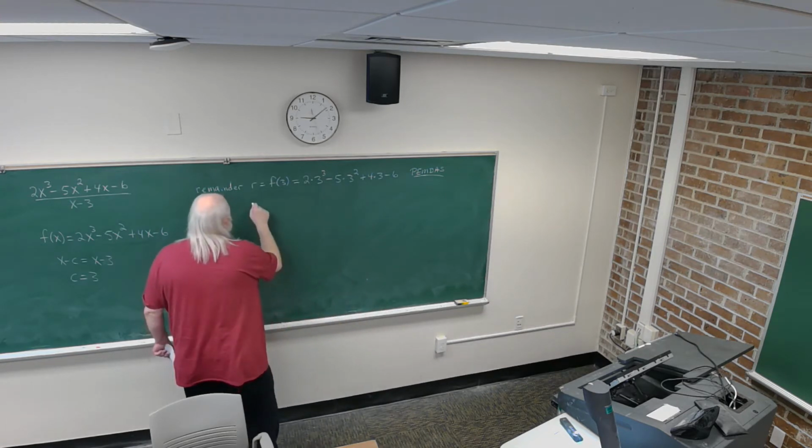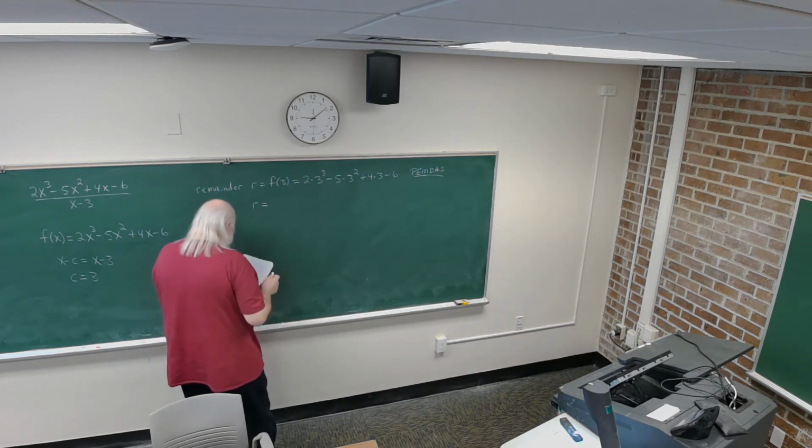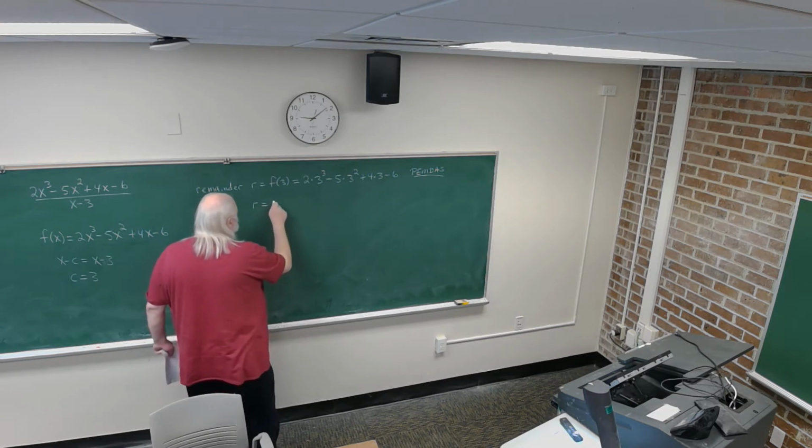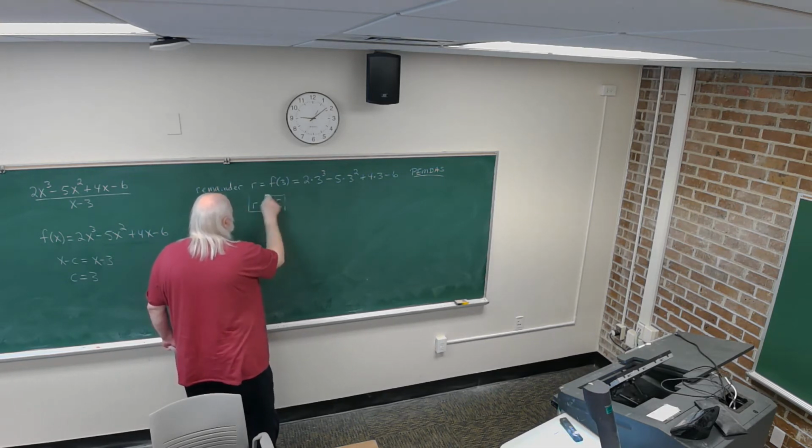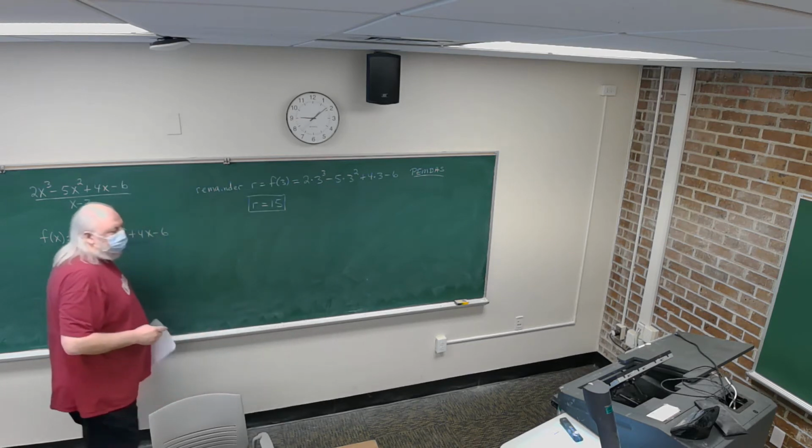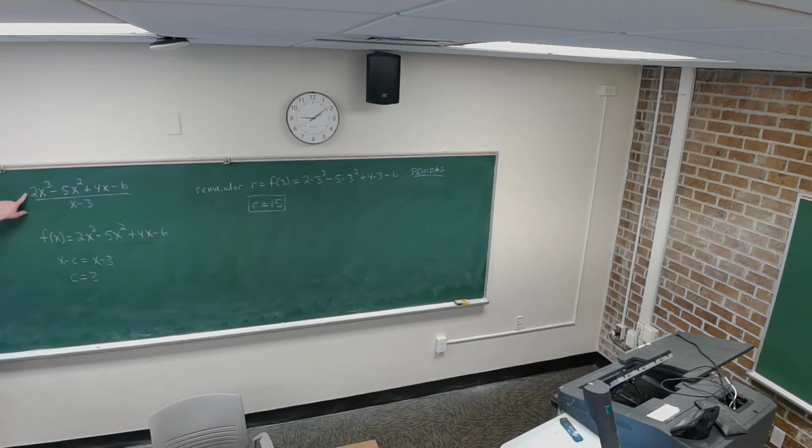And when you do that, you get the remainder is equal to 15. So if we divide f of x by x minus 3, after we do that division, we find that our remainder is 15. Were there any questions on what we just did?